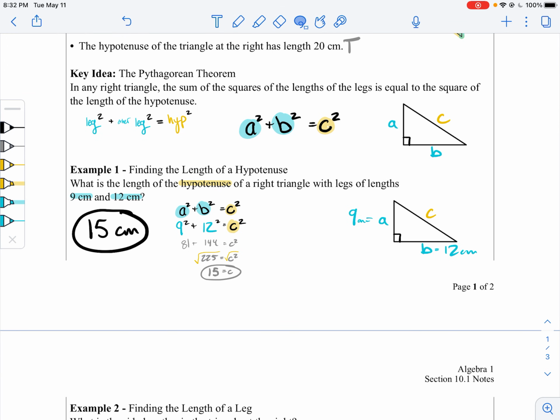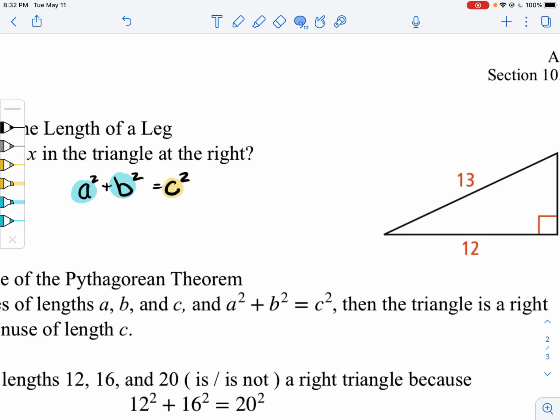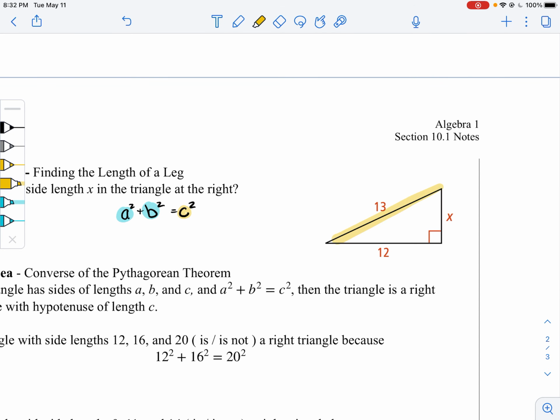Just kidding. Okay. A squared plus B squared equals C squared still works if we need to find the leg. This time we have our hypotenuse, and we have one leg. We need to figure out what's the other one. Well, here we go. X squared plus 12 squared equals 13 squared.